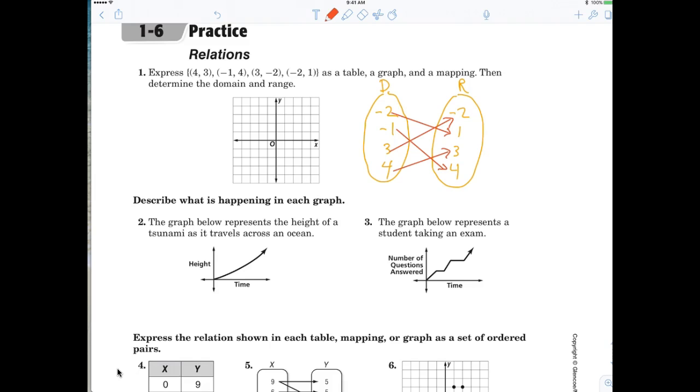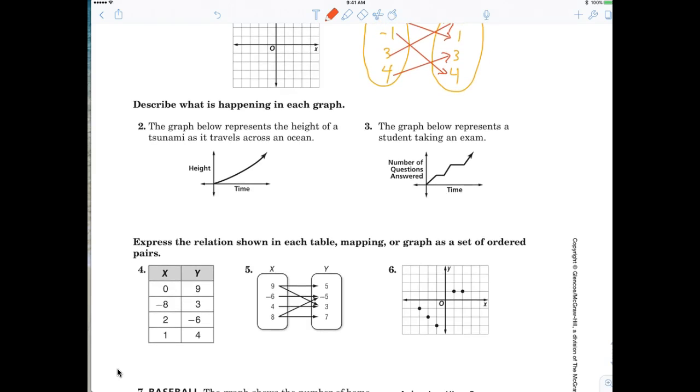Describe what's happening in the graph. The graph below represents the height of a tsunami as it travels across the ocean. All right, tell me. That's all you have to do. The height is increasing over time.